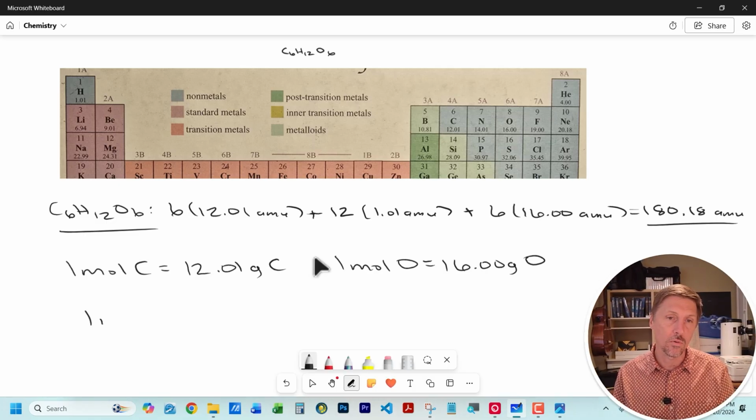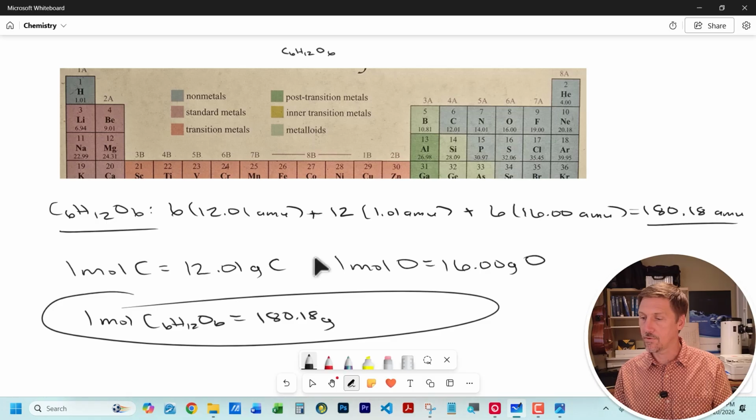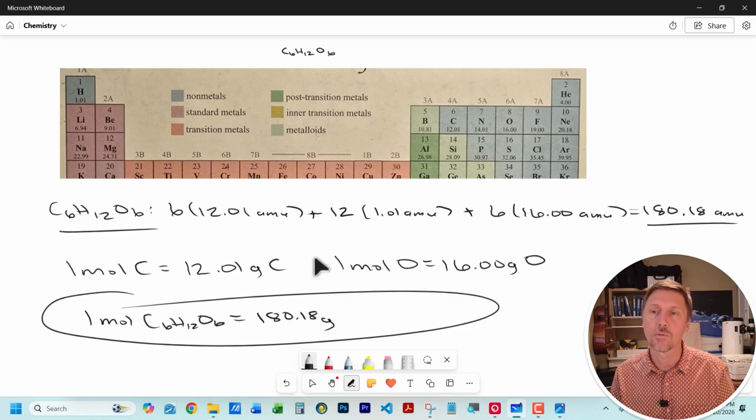So 1 mole of C6H12O6 is equal to 180.18 grams. That's the answer to the second half of the question. What is the mass of a sample of glucose if it contains 6.02 times 10 to the 23 molecules? Or, in other words, a mole of those molecules, it's 180.18 grams.